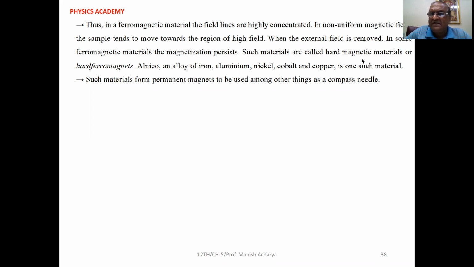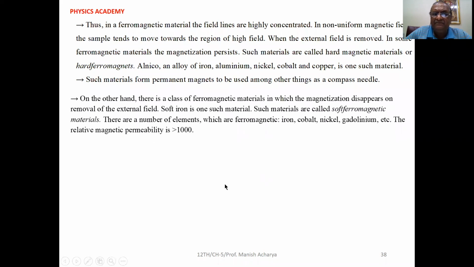Such materials are called hard ferromagnetic materials or hard ferromagnets. Alnico, an alloy of iron, aluminium, nickel, cobalt, and copper, is one such material. Such materials form permanent magnets to be used among other things as a compass needle.